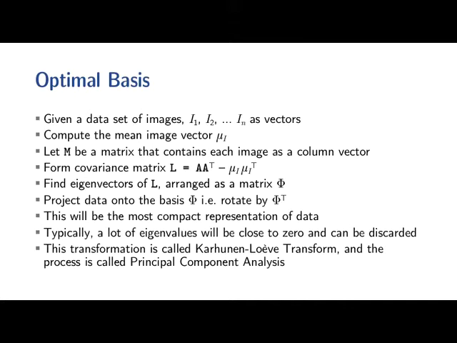What do I mean by that? If you take a very large collection of natural images, and from that you compute your basis, your principal component analysis basis, I mean the Karhunen-Loeve transform basis, it turns out that they look awfully like the DCT basis.